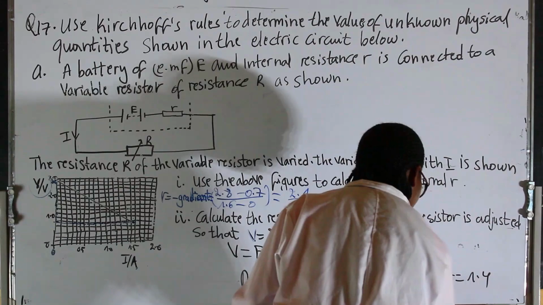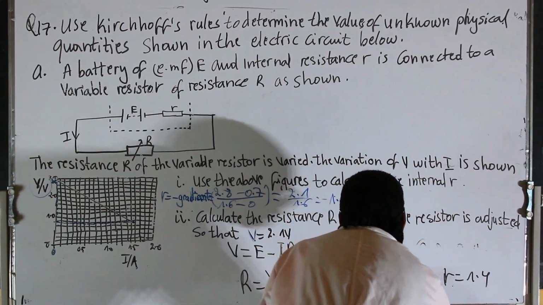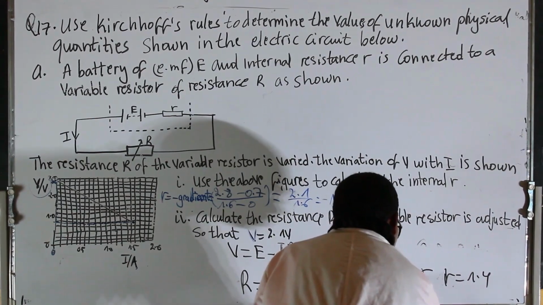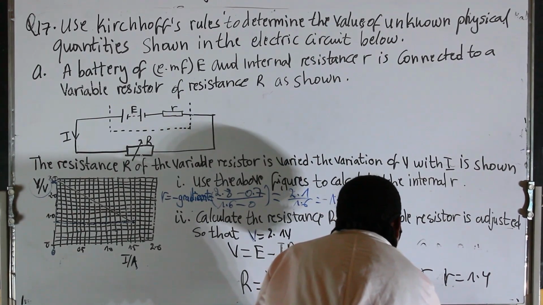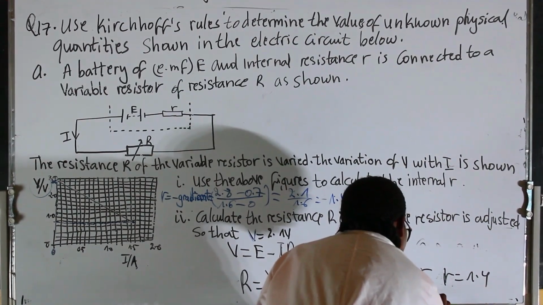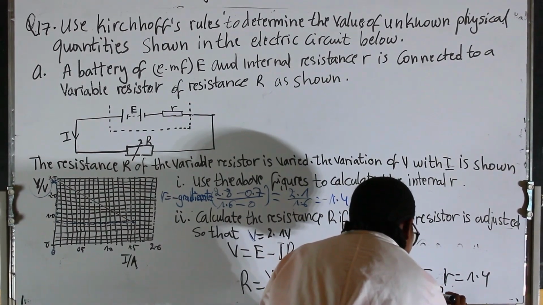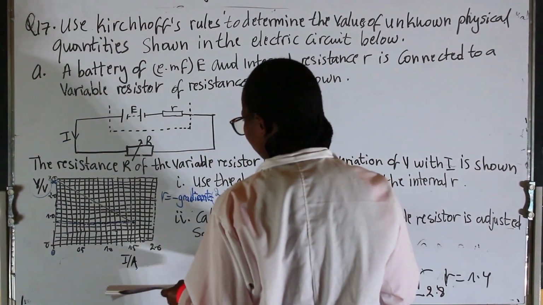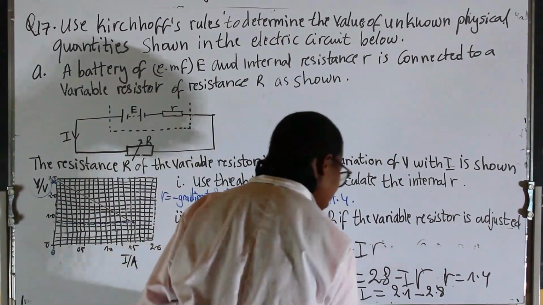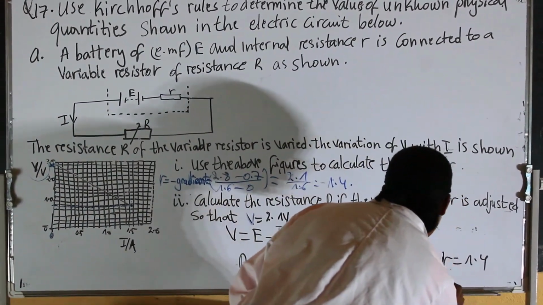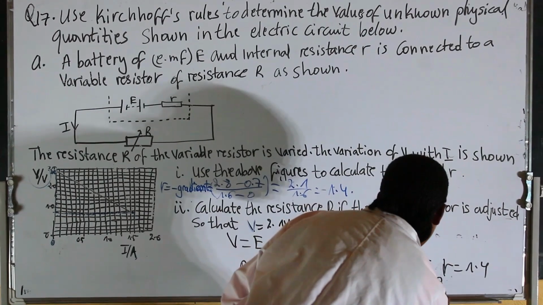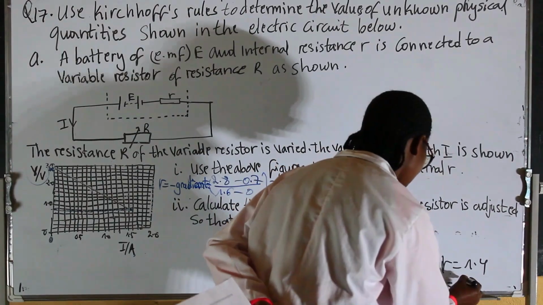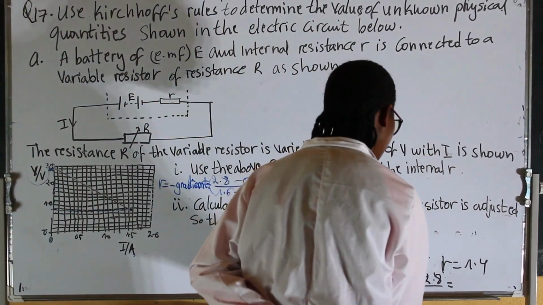Then finding I will be equal to 2.1 minus 2.8 over R. Here we will get I, which is negative.